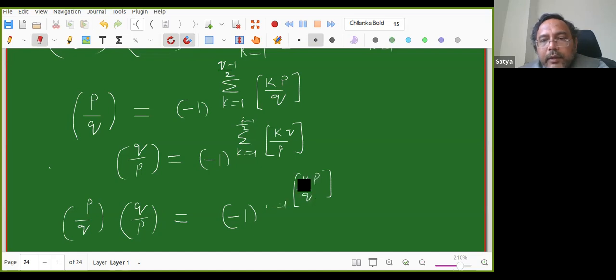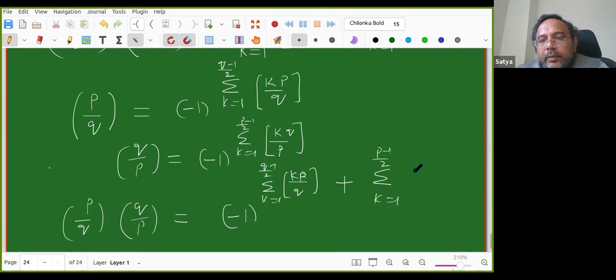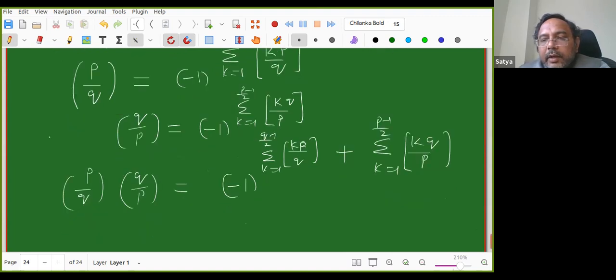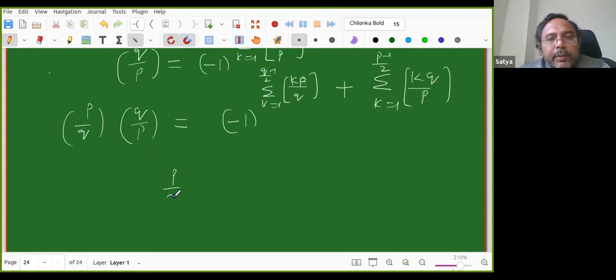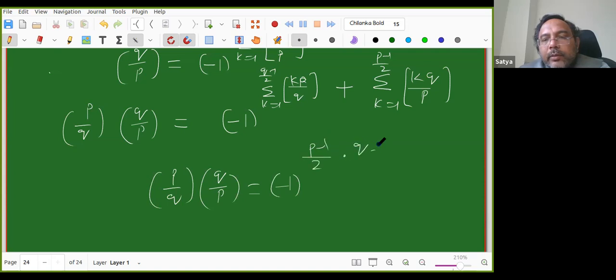Let us write it. So (p/q) is the summation k = 1 to (q-1)/2 of kp/q plus the summation k = 1 to (p-1)/2 of kq/p, right? But what is the quadratic reciprocity law looking for? (p/q) into (q/p) is equal to (-1) whole power (p-1)/2 into (q-1)/2, right?